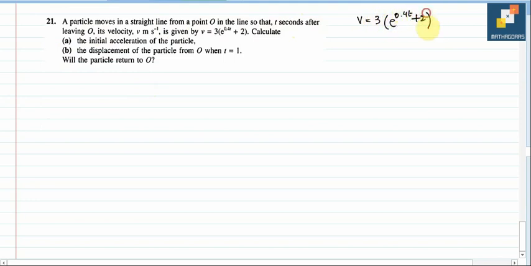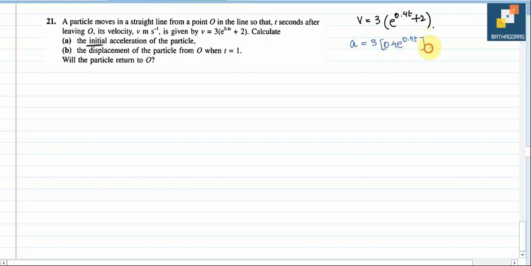Calculate the initial acceleration. Now the word initial says that the value of time is 0 here. The initial acceleration of the particle. So first you need to differentiate it. When you differentiate the equation, you will get acceleration equals 3, the derivative of e is e, and then we need to take the derivative of its power, which is 0.4, and the derivative of the constant is 0.